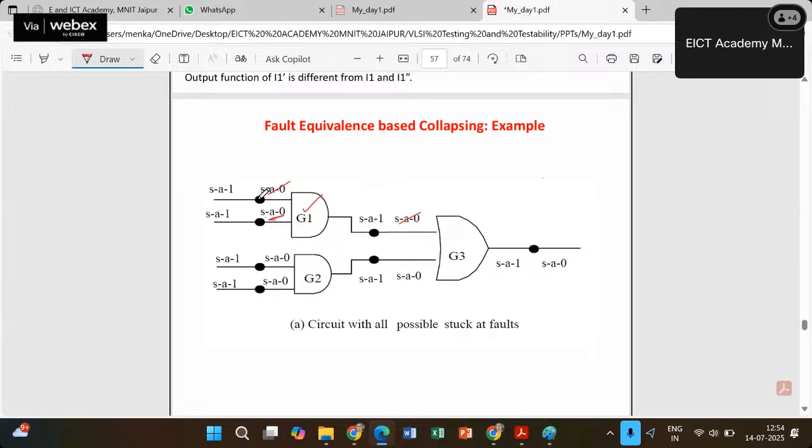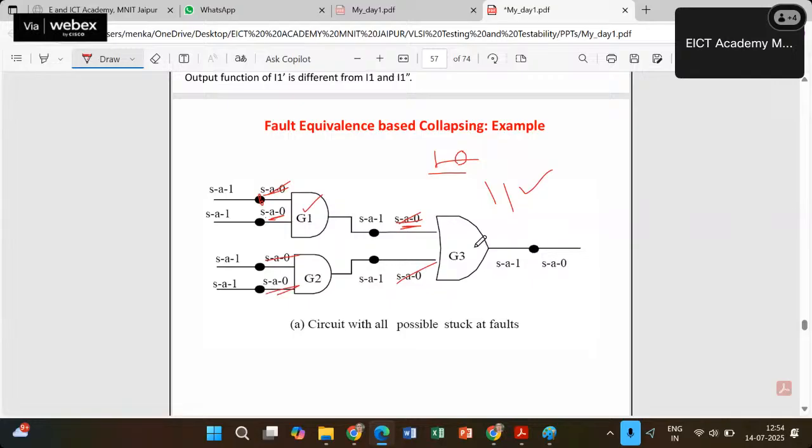Let's say this particular fault is A. You can have 1 0 as the input combination, 1 1 as the input combination. For the next one, 1 1 is the input combination. If the output is also stuck at 0, then you also have 1 1 as the input combination. All input combinations are the same, so you can keep any one of these three. So I have cut these two and kept this. Likewise, for this gate, I am going to cut, let's say, these two, and keep this only.